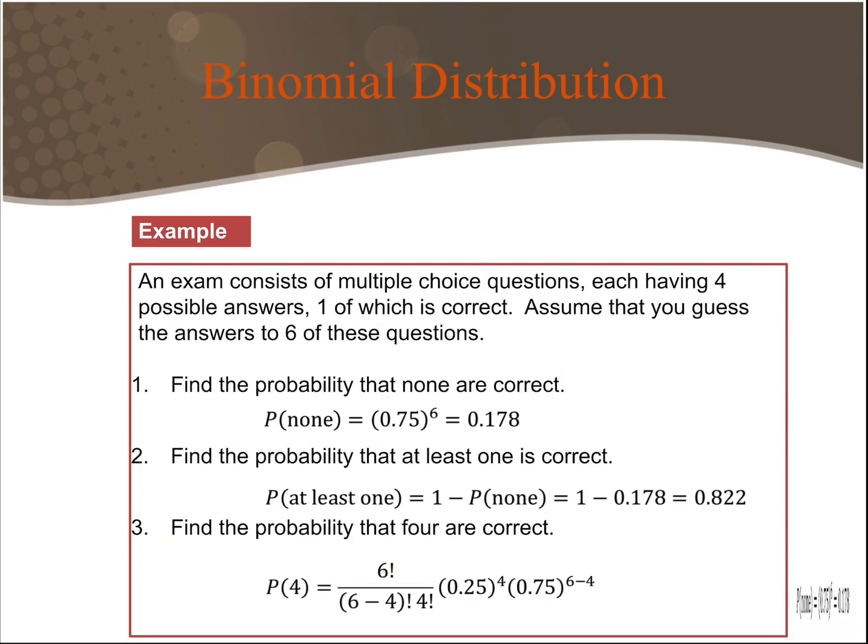The chance for success, the chance for randomly picking 1 out of 4 possible answers correctly, is 0.25. So 0.25 to the 4th times the probability of a failure, which is 0.75, or 1 minus 0.25, to n minus x, to 6 minus 4. So that probability that 4 are correct is 0.0329.